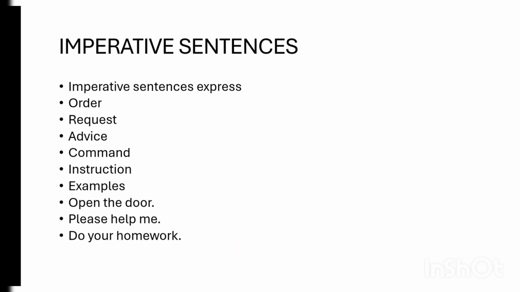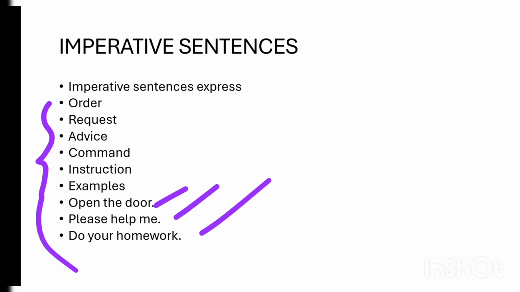Now imperative sentences. Imperative sentences are those sentences which express order, request, advice, command, instruction. Examples: open the door, please help me, do your homework. These types of sentences start with a verb, or please if it is a request.